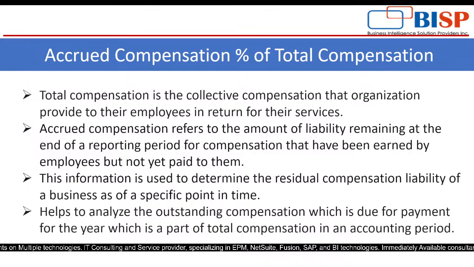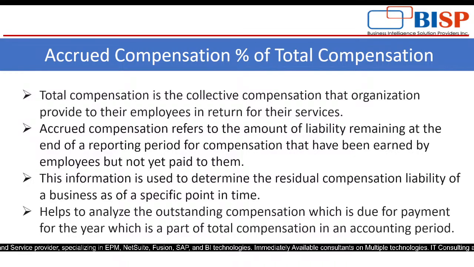For example, our financial year is FY23. The financial year begins from January and it ends in the month of December. So for the month of December, the compensation will be credited in the next year, FY24.